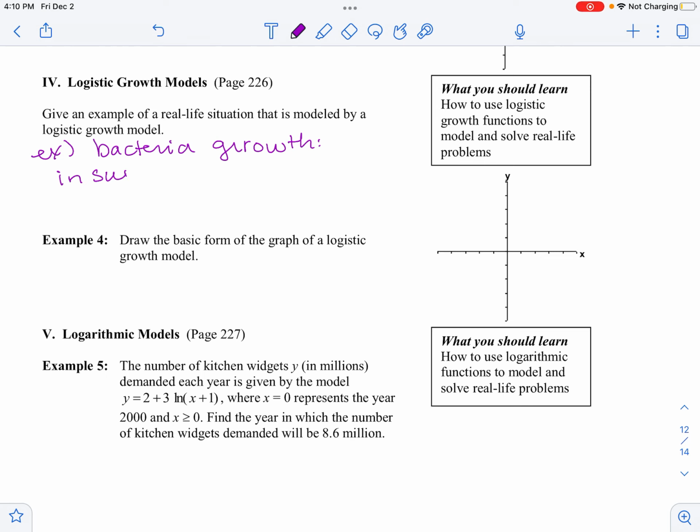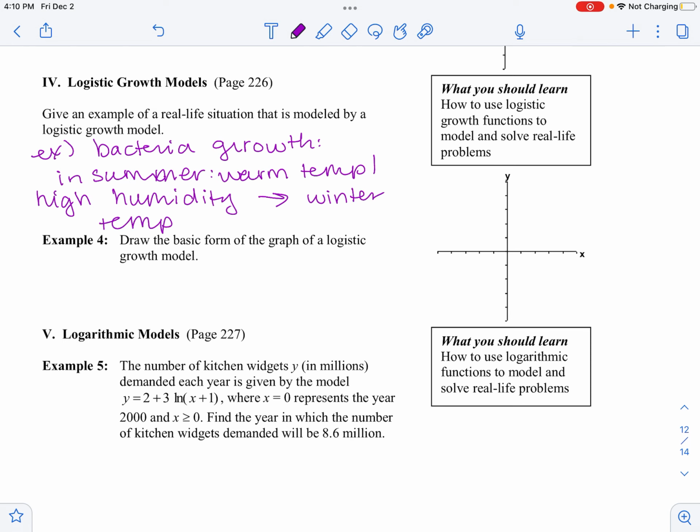In the summer, it's warmer temperatures and it is high humidity, often around the country. Maybe not so much around here, but around the country. Whereas in the winter, the temps go to freezing, and it is dry weather, not so much the humid weather.